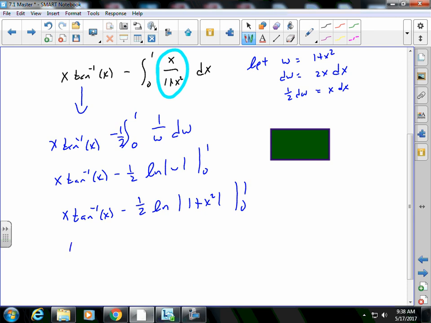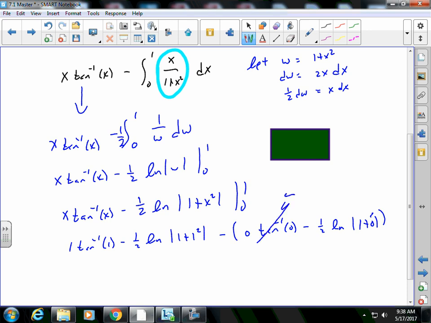So I have 1, the arctan of 1 minus 1/2 ln of 1 plus 1 squared, subtract 0 times the arctan of 0 minus 1/2 the natural log of 1 plus 0 squared.